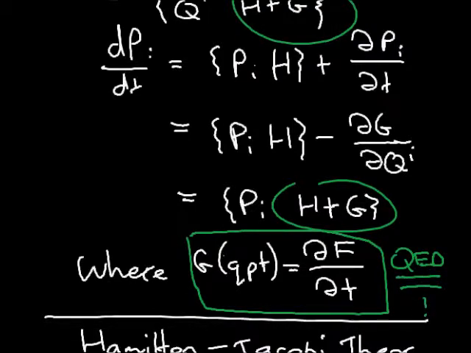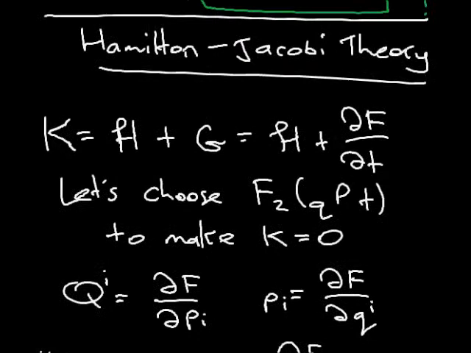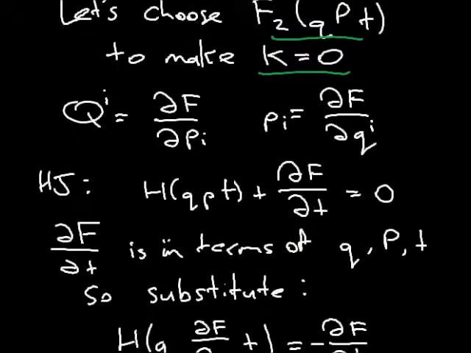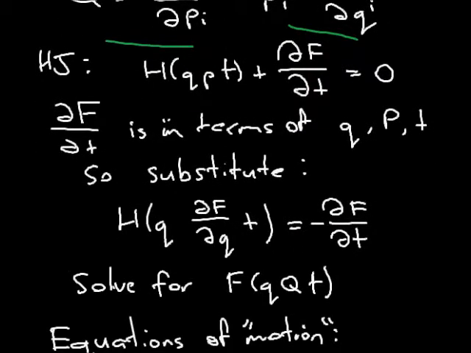Time-dependent canonical transformations open the door to Hamilton-Jacobi theory. Suppose we found some canonical transformation that caused all of the new variables, big Q and P, to remain stationary. So this means that we express the Hamiltonian in the same variables as F, H plus dF/dt equals 0.